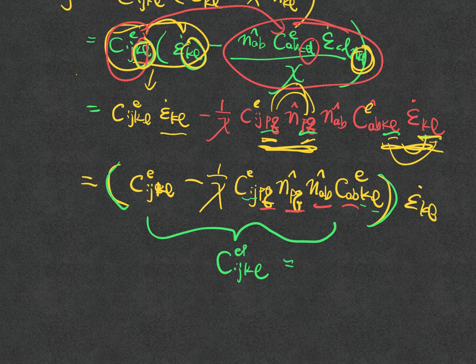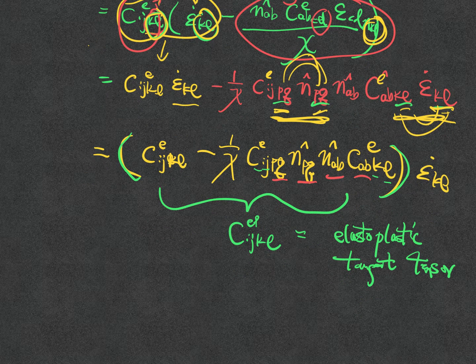This is called the elastoplastic tensor, or more accurately the elastoplastic tangent operator or tangent tensor. Or sometimes in the literature they just call it the elastoplastic tangent, which is also a good name.